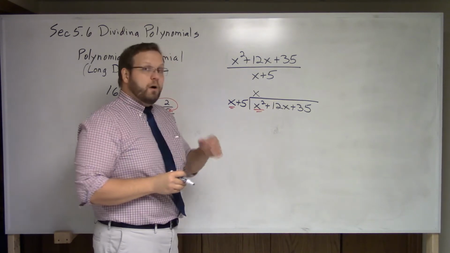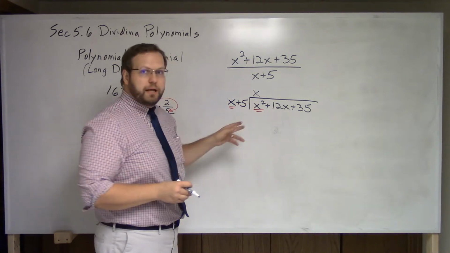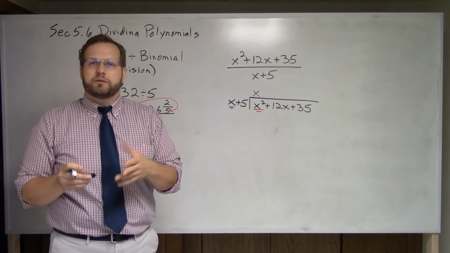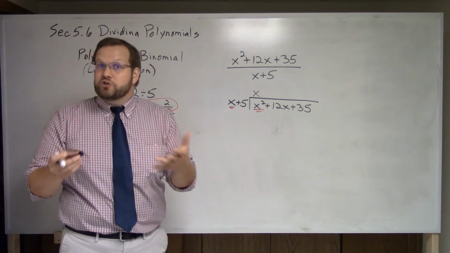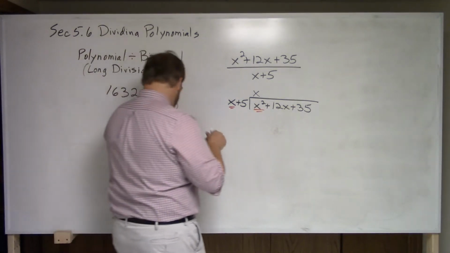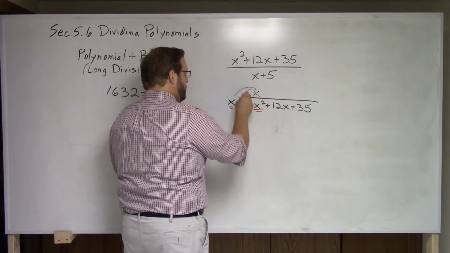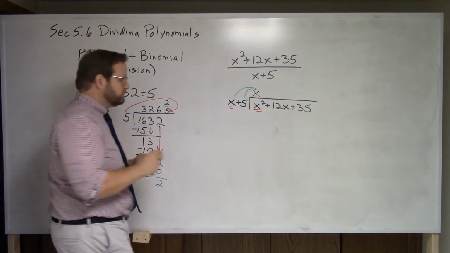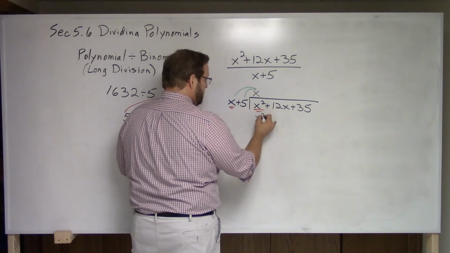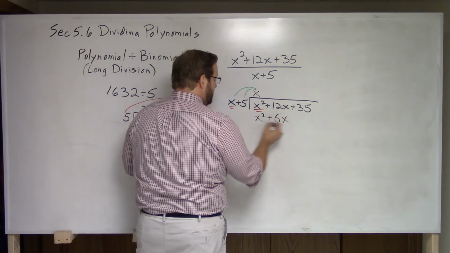Okay, now what do I do with that? I multiply. But when we multiply polynomials, what do we do? We distribute. So I'm then going to distribute this x over that divisor. So I get x squared plus 5x.